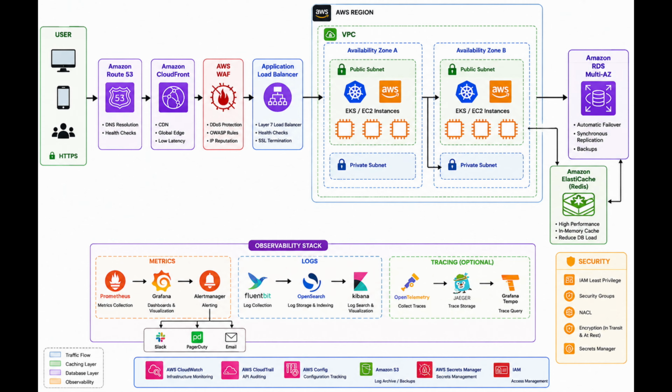Then we also have a firewall here. It's called Web Application Firewall, WAF. So AWS WAF is going to filter any malicious traffic, and it's going to protect against common attacks such as SQL injection or DDoS attempts before the traffic reaches the application layer.